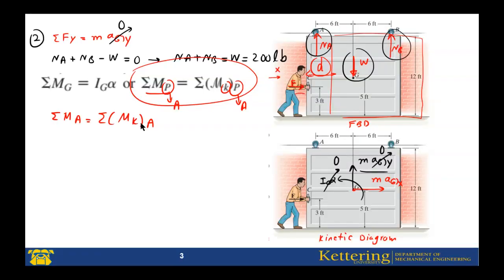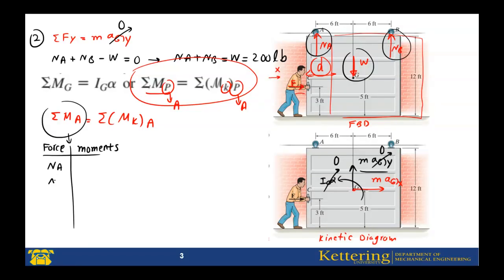How to solve this one? I will show you. For this one, I will make a table. I will list the forces, the moments. What are the forces? Just I list them.